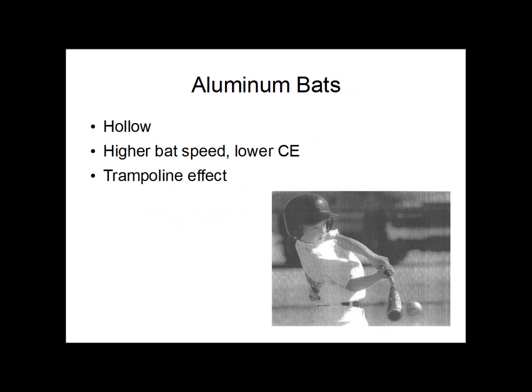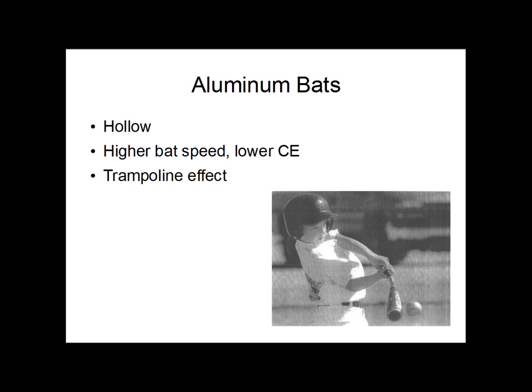Aluminum bats are also something that is much different when you look at lower leagues or younger players as opposed to the major leagues, which use solely wood bats. Aluminum bats are quite effective simply because they're stronger in material. You can make them hollow.